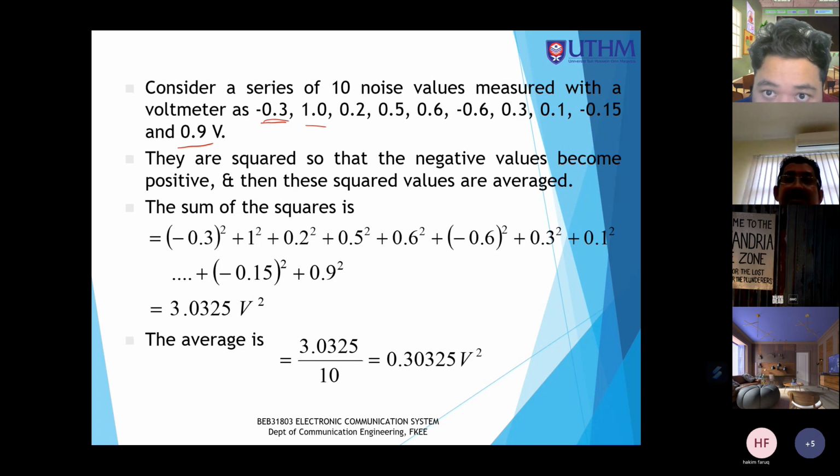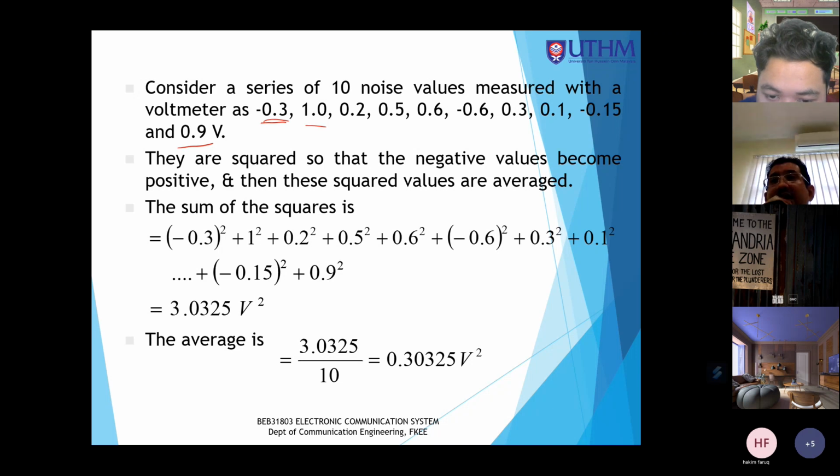You find that you have 10 samples of values, taken at different times, so you get different values. In this case there are 10 samples of noise voltage.